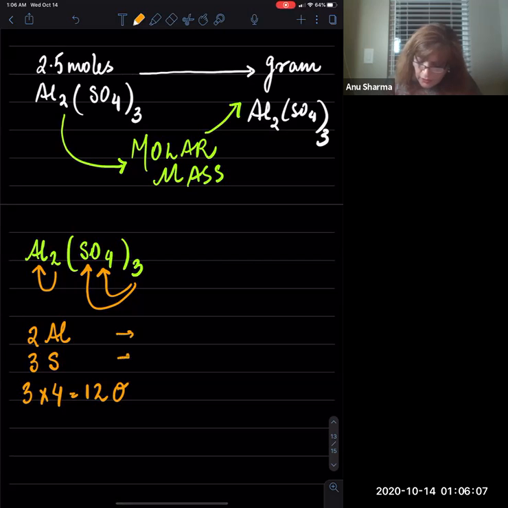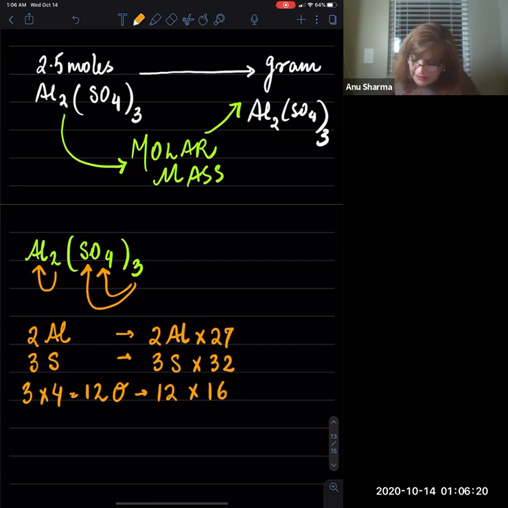Okay, so here we have 2 aluminums, each weighing 27 grams, 3 sulfurs, each weighing 32 grams, 12 oxygens, each weighing 16 grams.